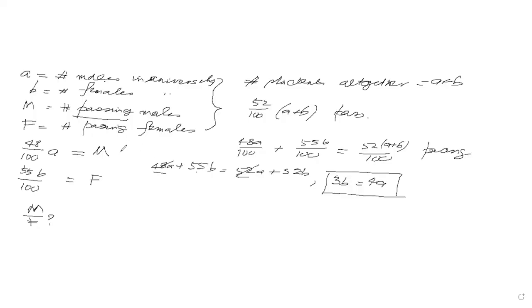Okay, I want to go back to this equation here. M is equal to 48A over 100. Let's simplify that. 4 goes into the top, 4 goes into the bottom as well. I just want to preserve this equation. And here too, I can simplify this to get 11B over 20, because 5 goes into the top, 5 goes into the bottom.